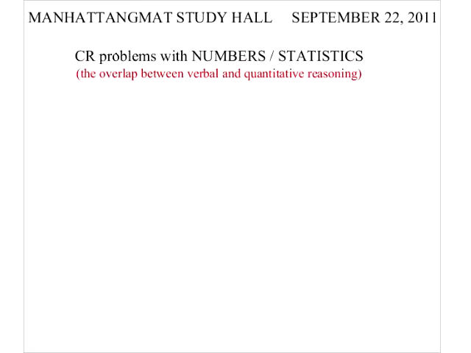So today's theme is the use of critical reasoning problems with numbers and statistics in them. So verbal problems, but a special type of verbal problem that requires a little bit more in the way of quantitative reasoning. So they're not going to be the same type of critical reasoning problem.